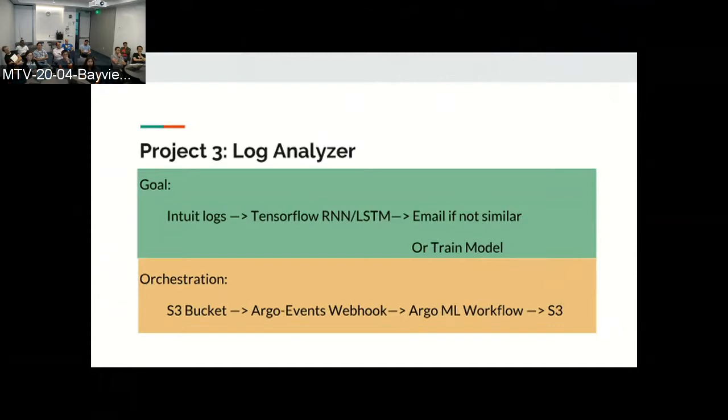If they were similar, it would be used to further train our model. The orchestration is that you start with an S3 bucket, and once you put in a TXT file, it'll send an Argo webhook, and then it'll automatically deploy the Argo ML workflow, and it'll take its output and put it into an S3 bucket or send it through an email.